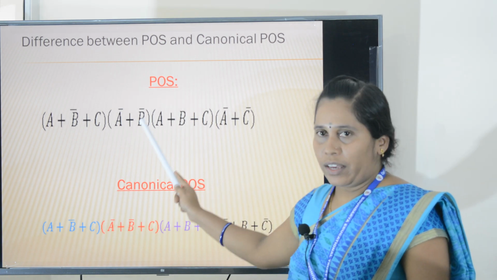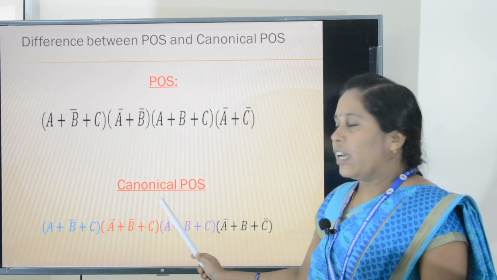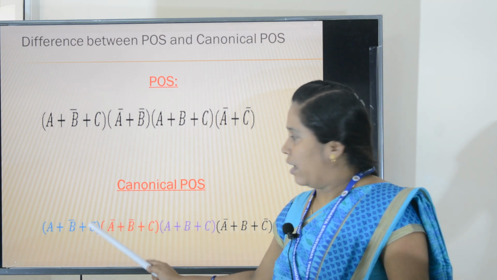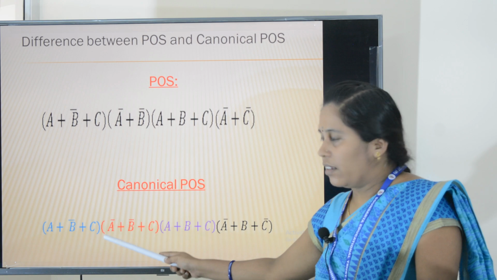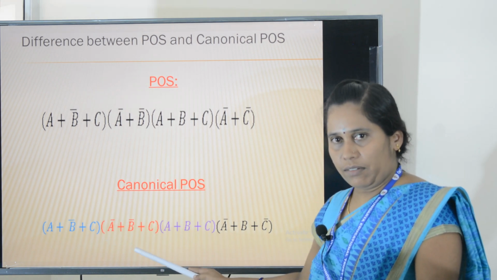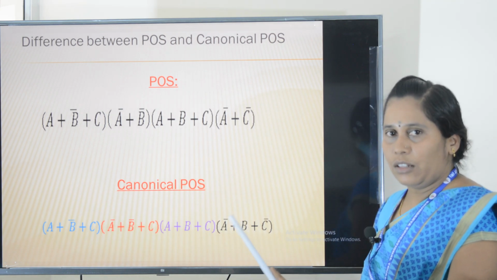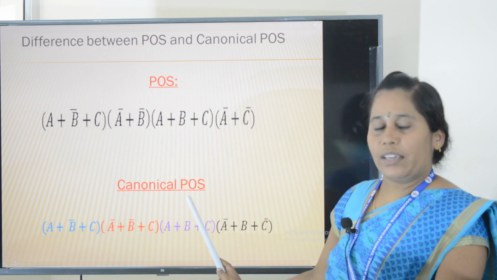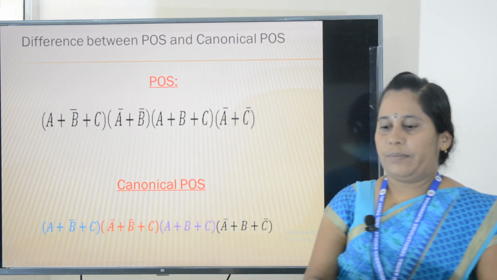So in the POS, it is not compulsory for all the variables to be present, but in canonical POS, all the variables must be present. In the first term, a, b, c, 3 variables are there. In the second also, a, b, c, 3 variables. Third, a, b, c, 3 variables, and last also 3 variables a, b, c. So in the canonical POS, all the variables must be present.